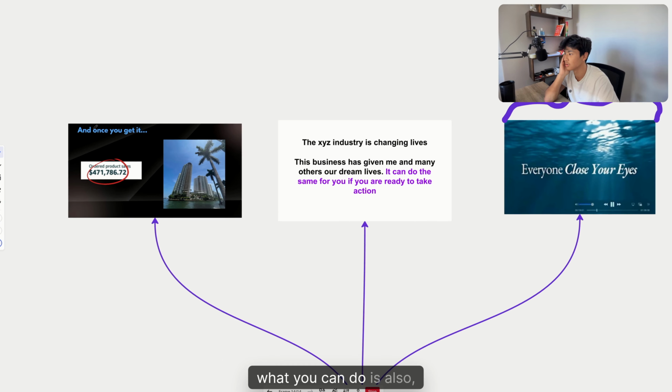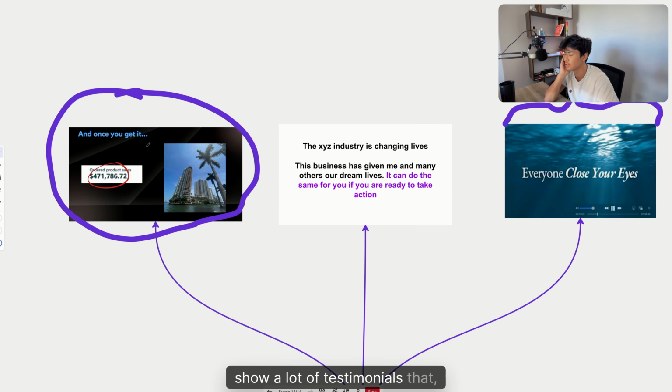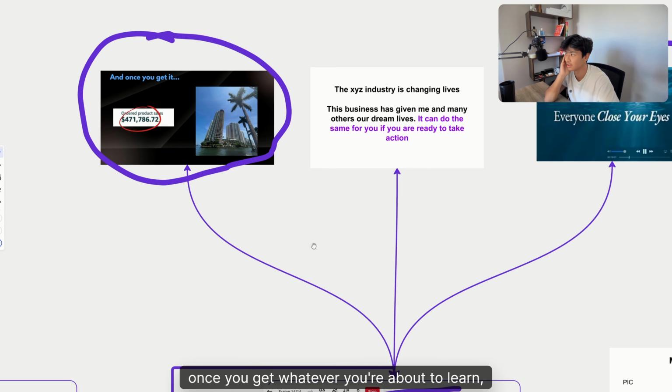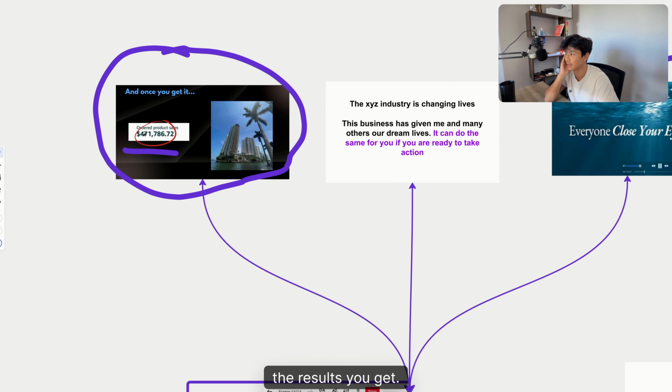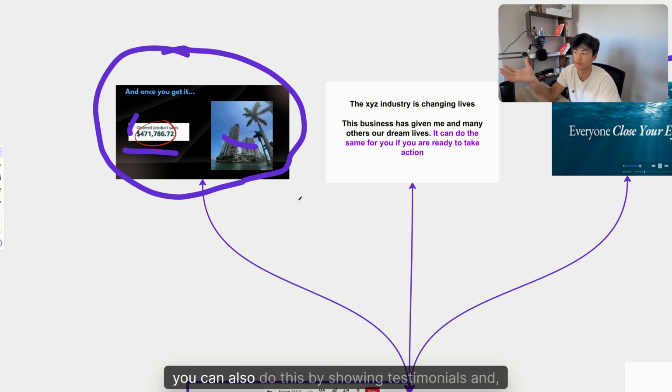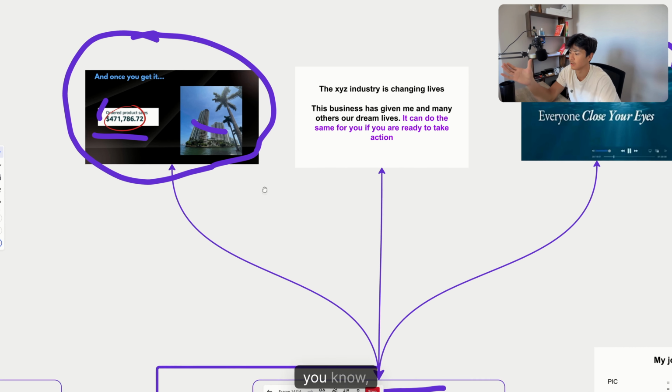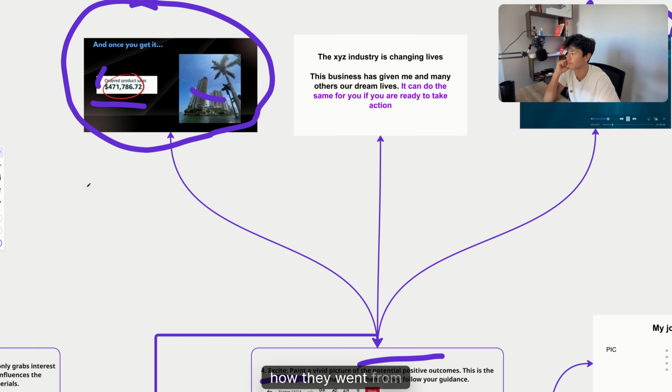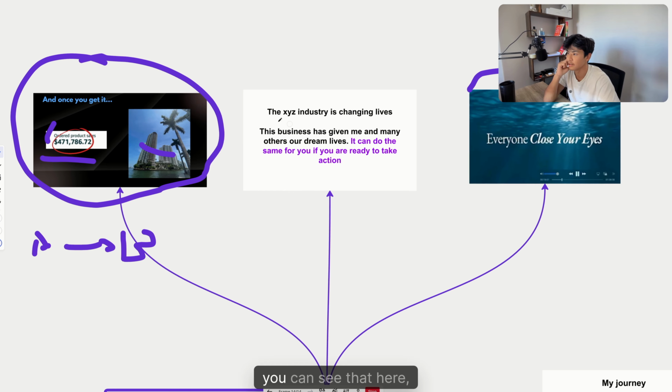Next up, what you can do is also show a lot of testimonials that, once you get whatever you're about to learn, these are the results you get, either money or lifestyle. You can do this by showing testimonials and whatever outcomes they got, how they went from A to B. You can see that here too.